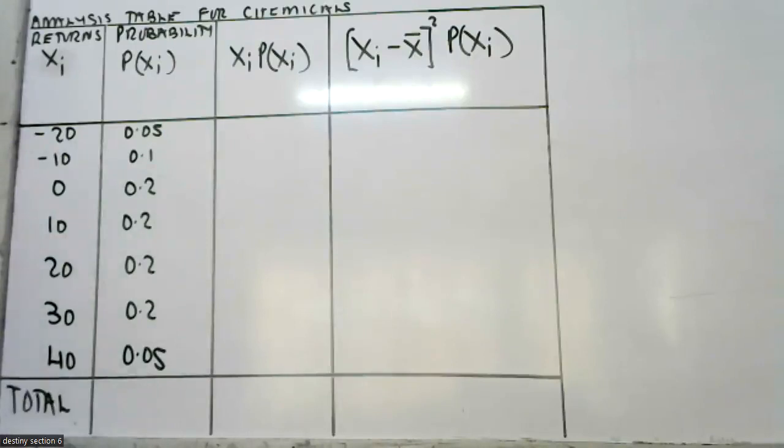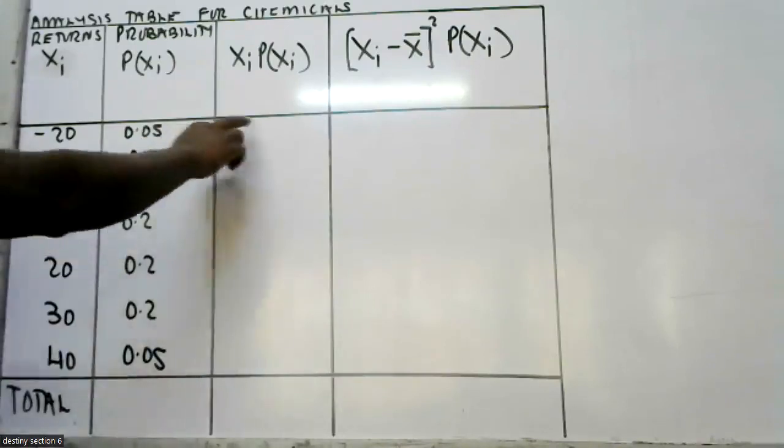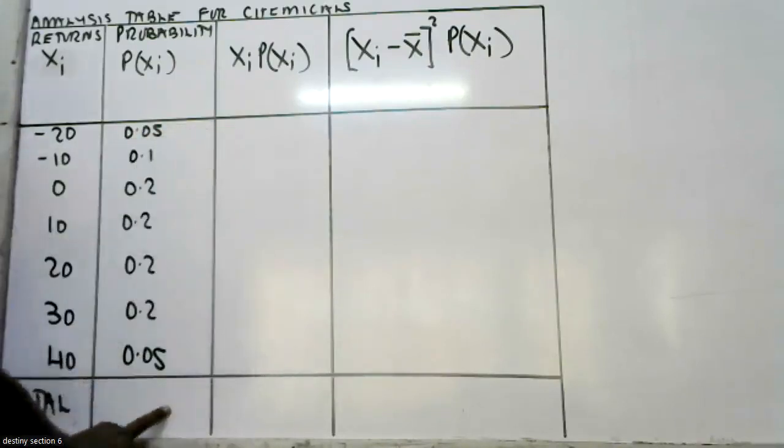So get that point. Then you multiply these two, you get the total here, the total here.